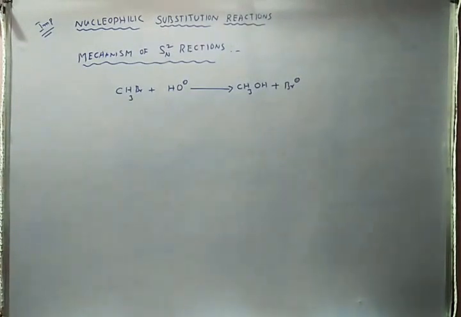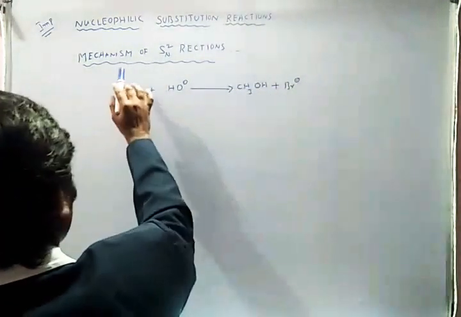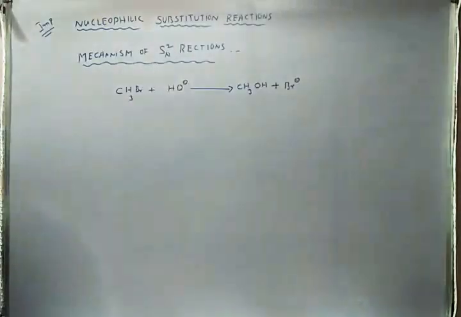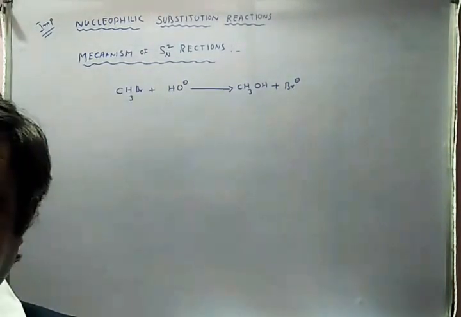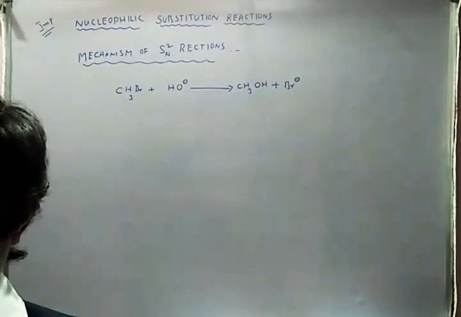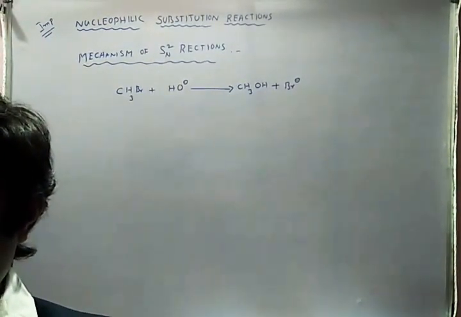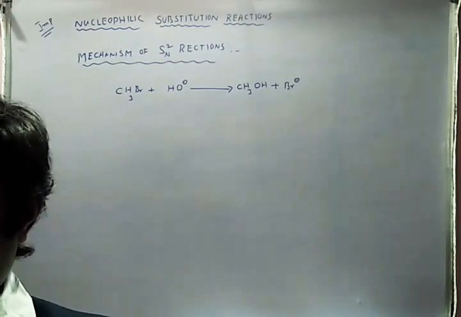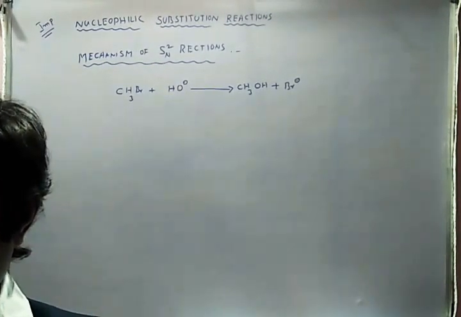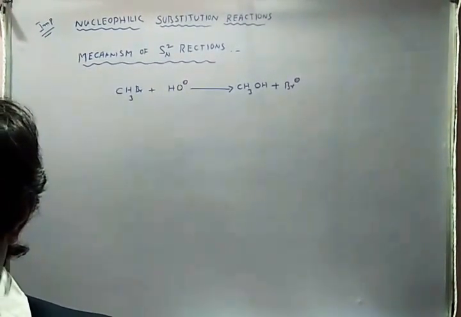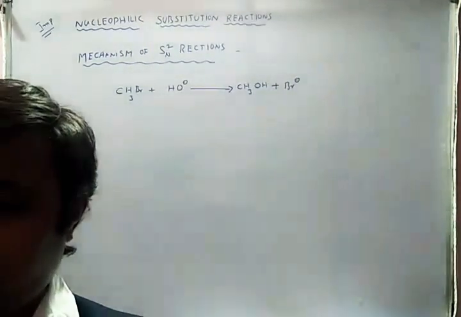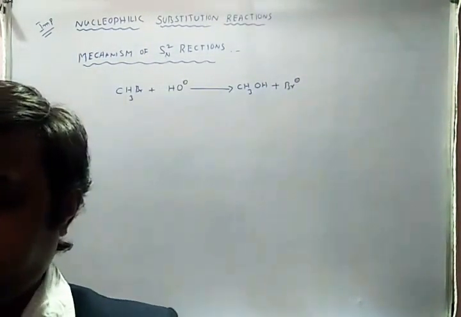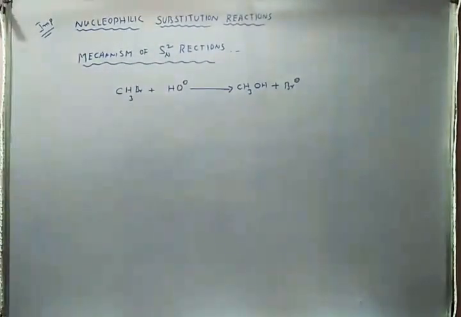Okay, let us see the mechanism of SN2 reactions. As you all know, in the SN2 reaction mechanism, the rate of nucleophilic substitution reactions, such as the reaction of methyl bromide with hydroxide ion, depends on the concentration of both the reagents.